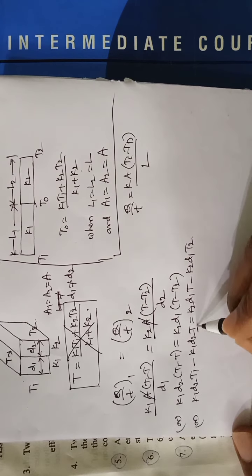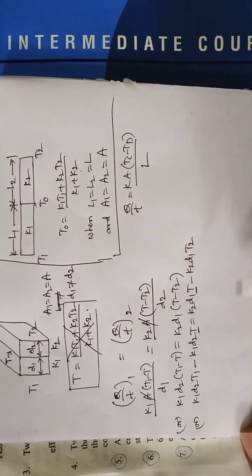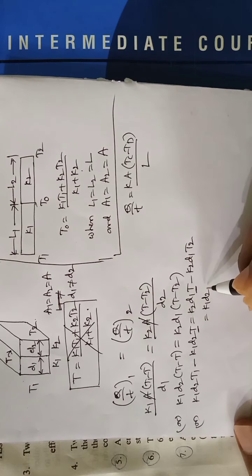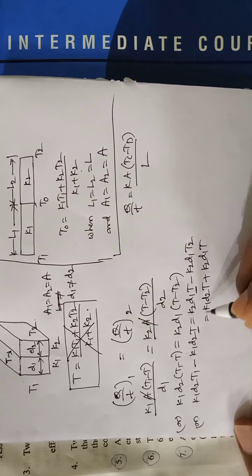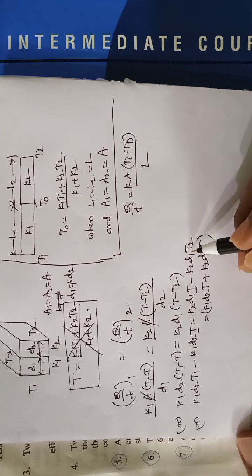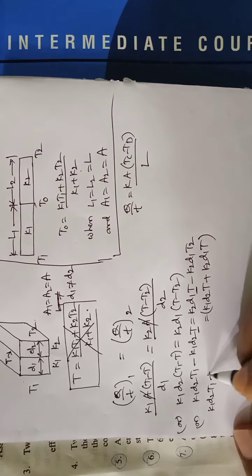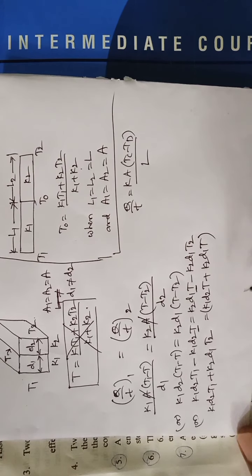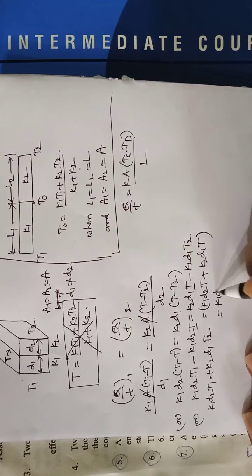Now here T is there, here T is there. So let us move this to that side. Let us move this to left hand side. In both, T can be taken common.